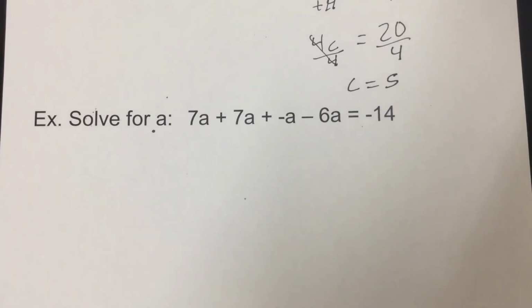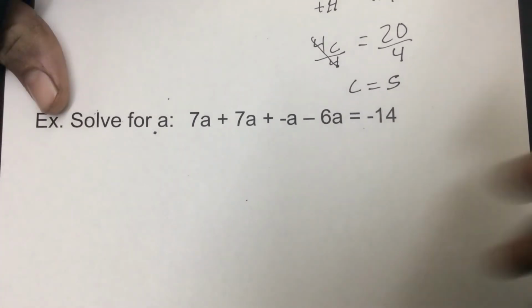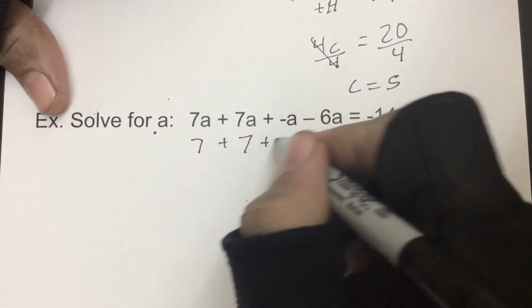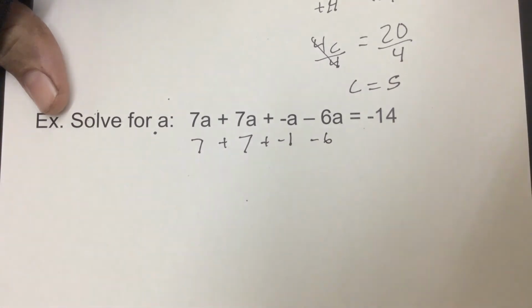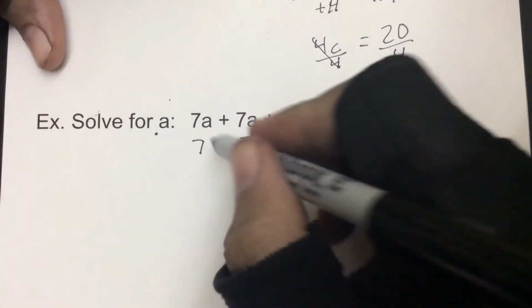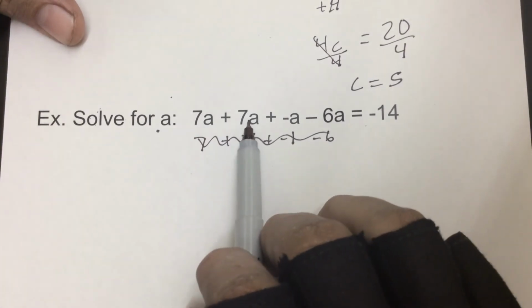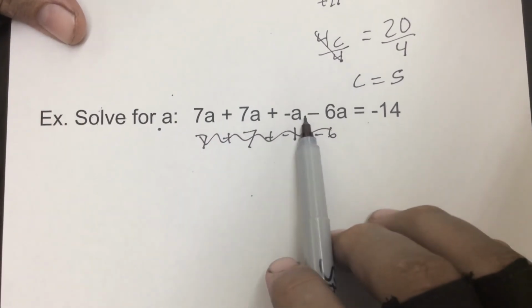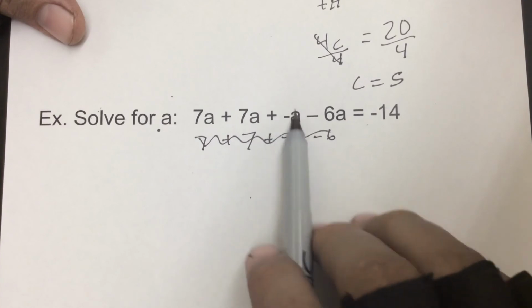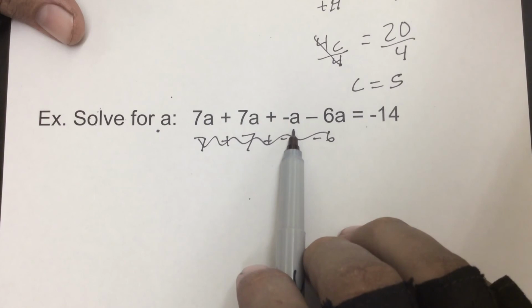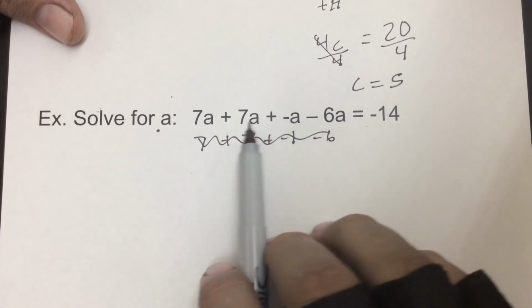So now we're going to throw some negatives in there. Again, treat it just like as if the variable wasn't there. So if this was 7 plus 7 minus 1 minus 6, we'd know how to solve that, okay? So same thing here. 7 of them, and I add 7 more, I'm up to 14. Minus 1, minus 6, same thing.